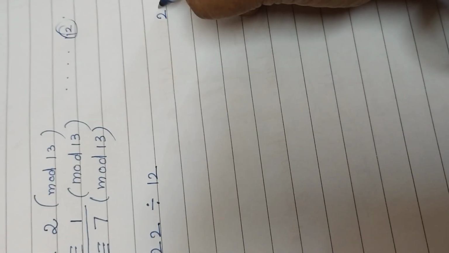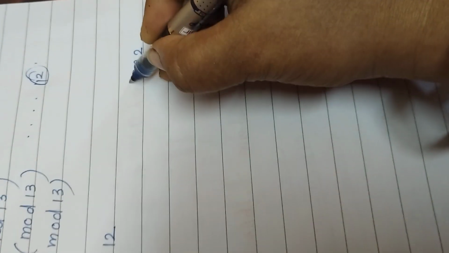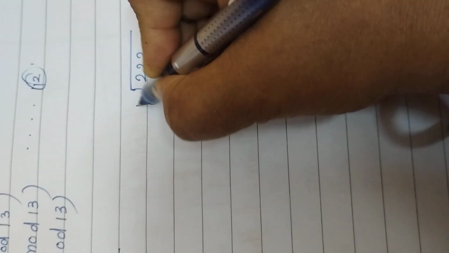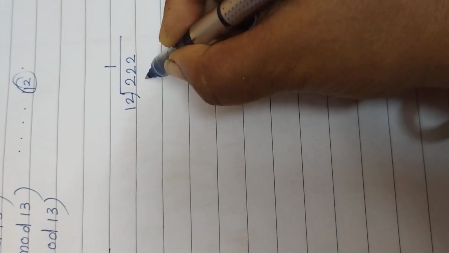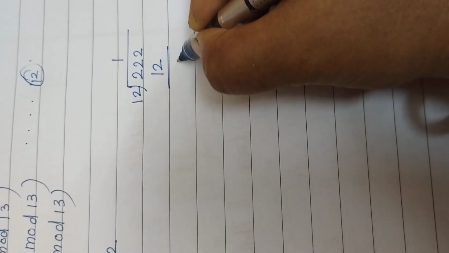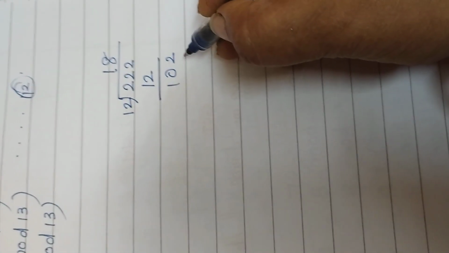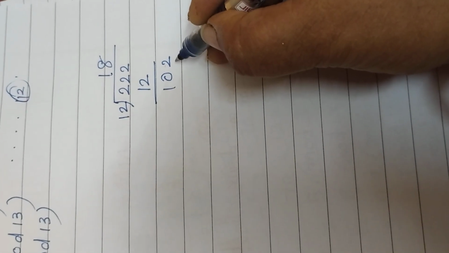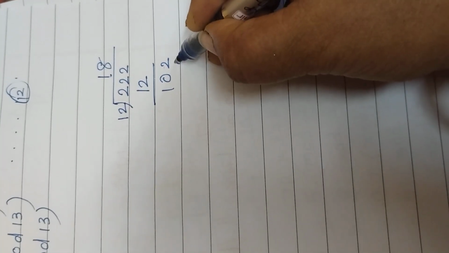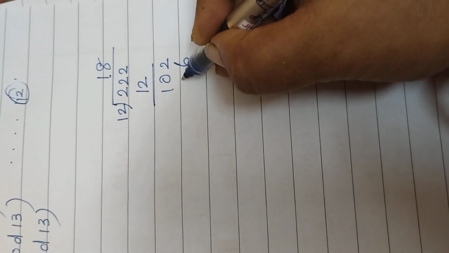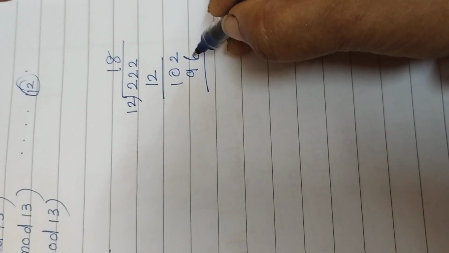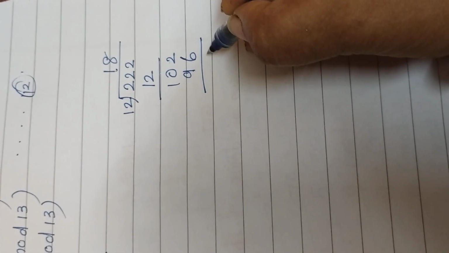See, for example, I divide it clearly. 222 divided by 12. This is 18. So the remainder is going to be 6.